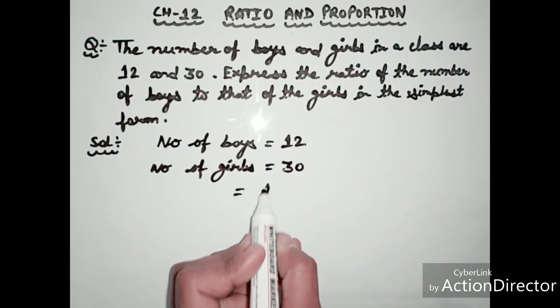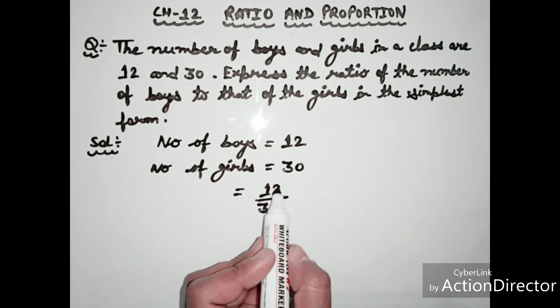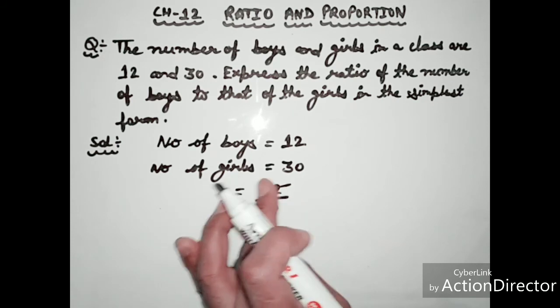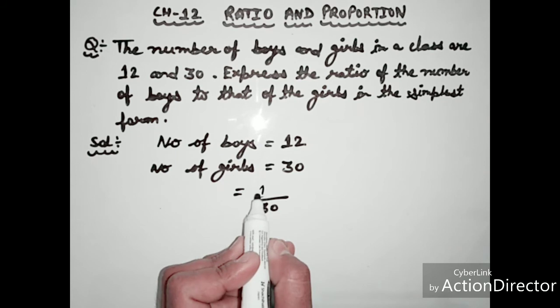Now here we write in fraction form 12 upon 30 and divide these two numbers by 2, and we also find the HCF of these two numbers.